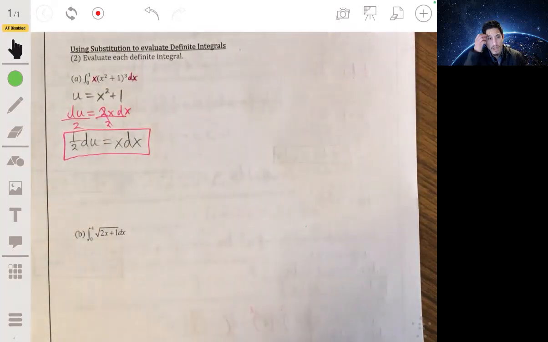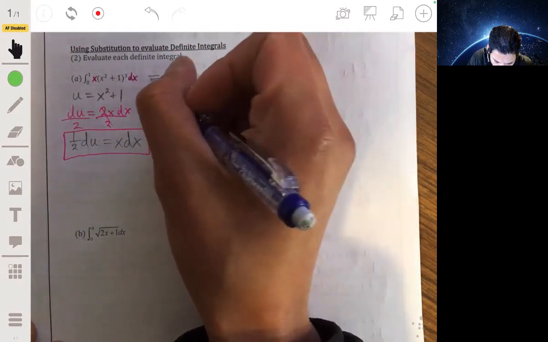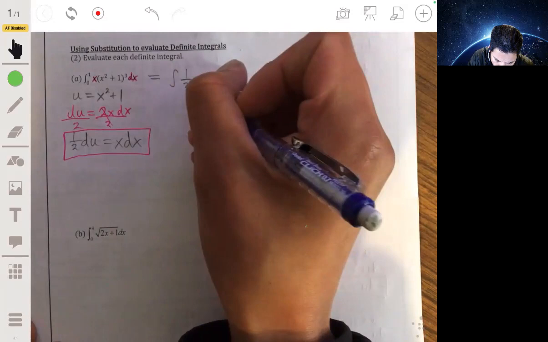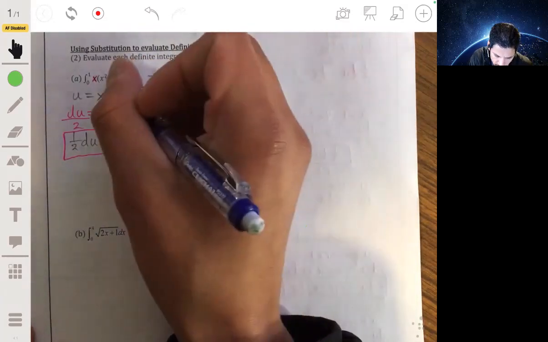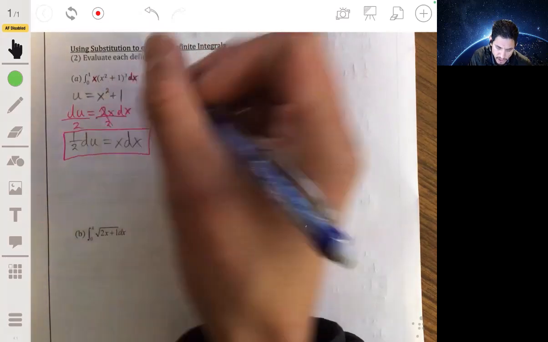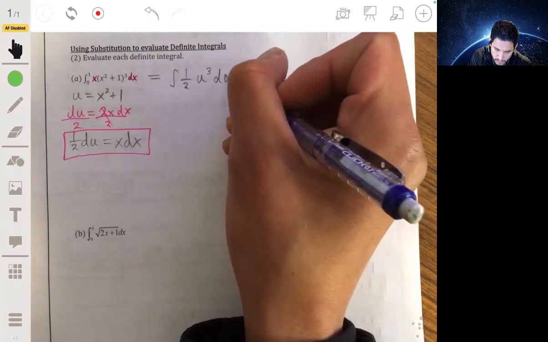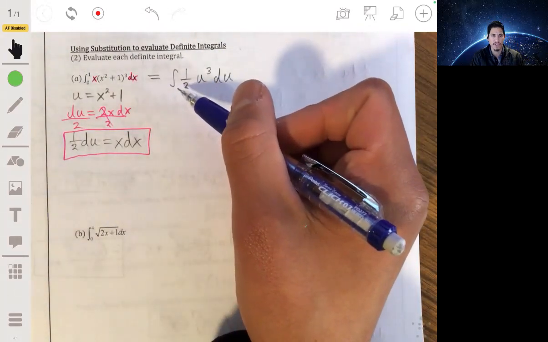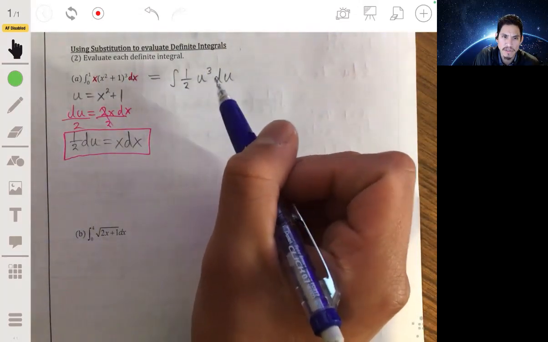Okay, so then we can rewrite our integral as 1/2 u to the third, since we have x squared plus 1 as our u, so u to the third du. Now, here's the thing. We can't simply put that we're integrating from 0 to 1 anymore because we changed our variable of integration to u.